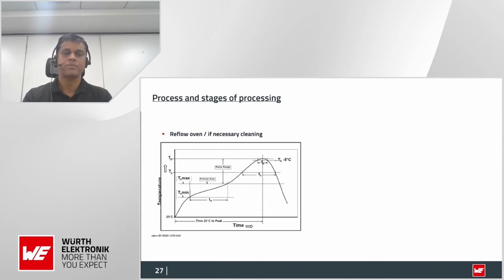What exactly happens in the preheating area is, if you take the PCBs, as I told in the beginning, they consist of different sizes of components. Small ones, like capacitors or inductors, are very, very small, while connectors have a very big pitch, 10.16 or 12 mm pitch also will be there.